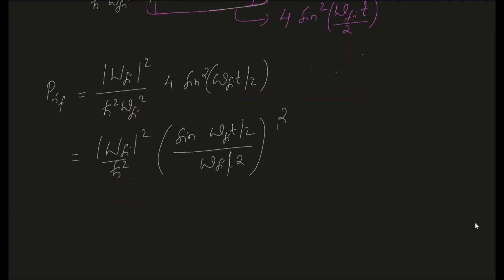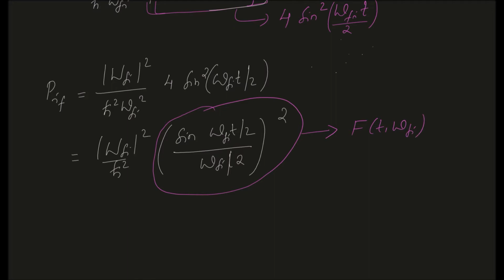If you rearrange, then this quantity sine square, all this quantity, we define as some function f of t and omega_fi.